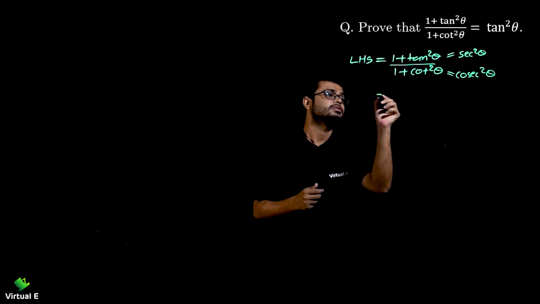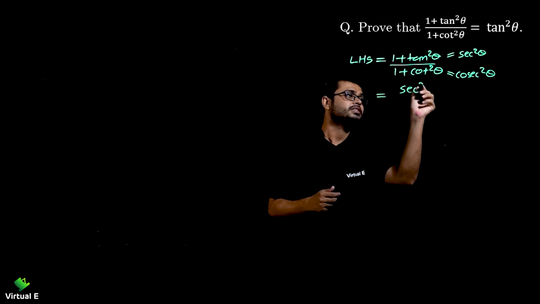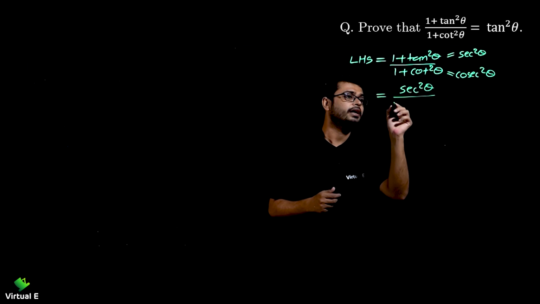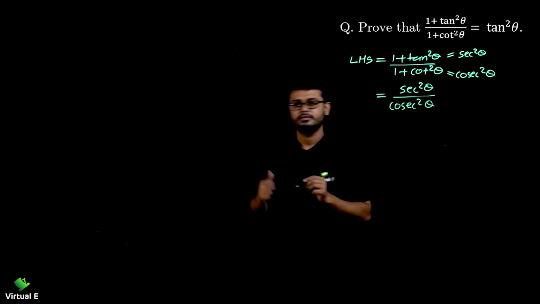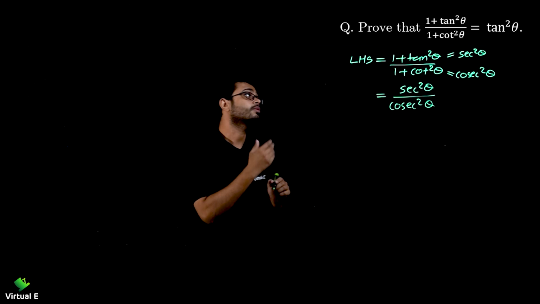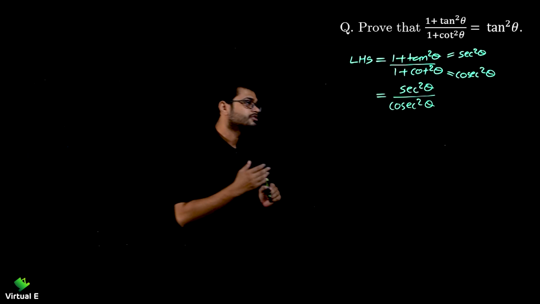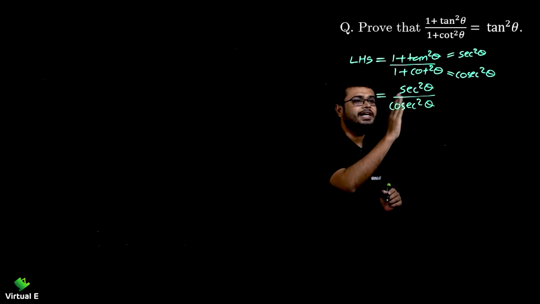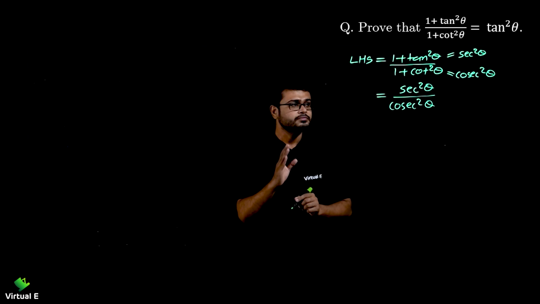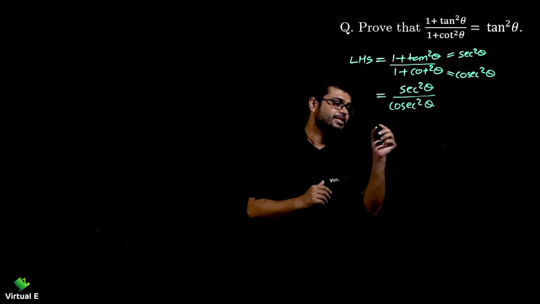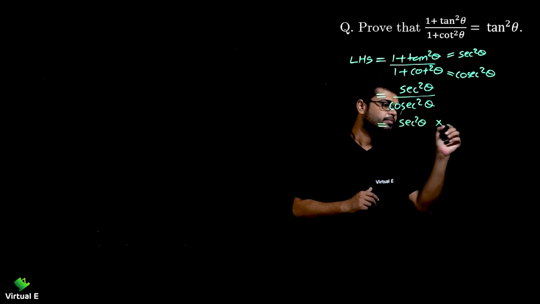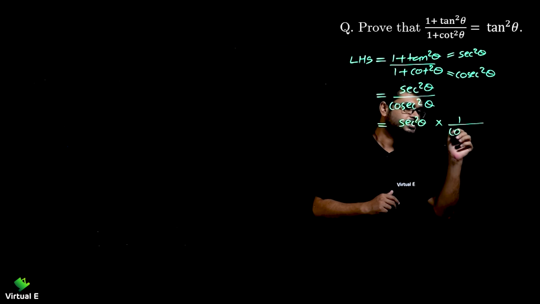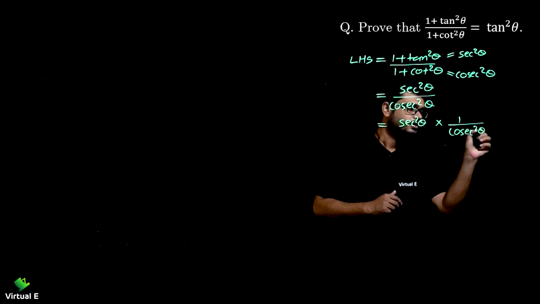Let's do it. So here sec square theta in the numerator and cosec square theta in the denominator. Done. Now what to do? We want to get tan square theta only. So let's convert this sec and cosec into sine and cos. So let's write separately sec square theta multiplied by 1 over cosec square theta, right?